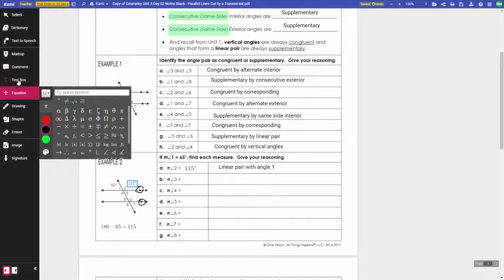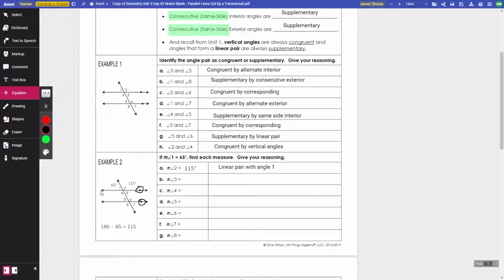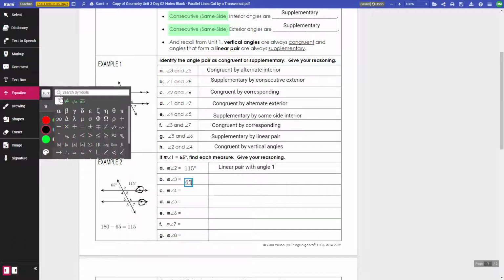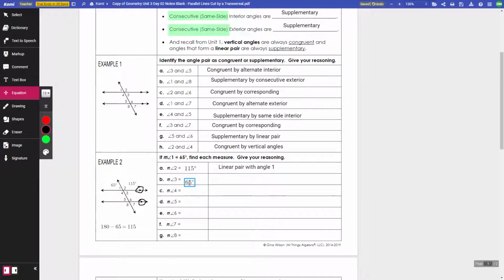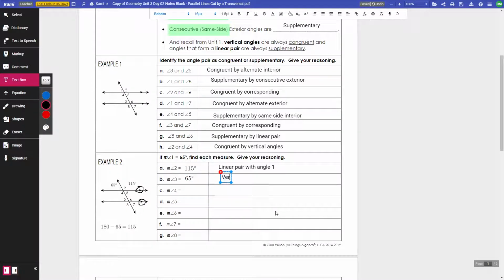Okay, let's move along to angle 3. Angle 3 is going to be right here, and I'm going to compare this to angle 1. It's the same angle as angle 1, so it's 65 degrees. I could say that it's a linear pair with angle 2, which we just found, but instead I'm going to say it is vertical angles with angle 1, just to mix things up a little bit.